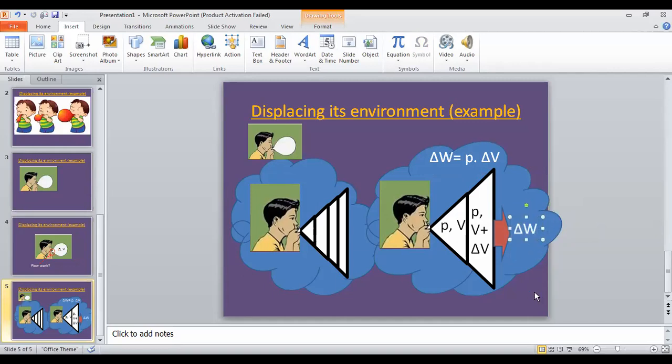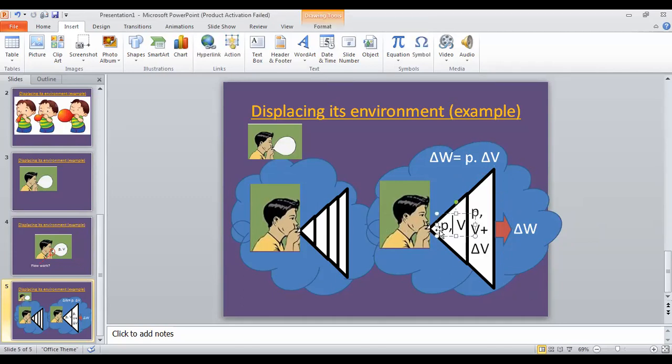From where did this delta W come? Here. When you flow in some air, as a result the balloon enlarges and it pushes the surroundings. Actually, this delta W is from the flow into the system.